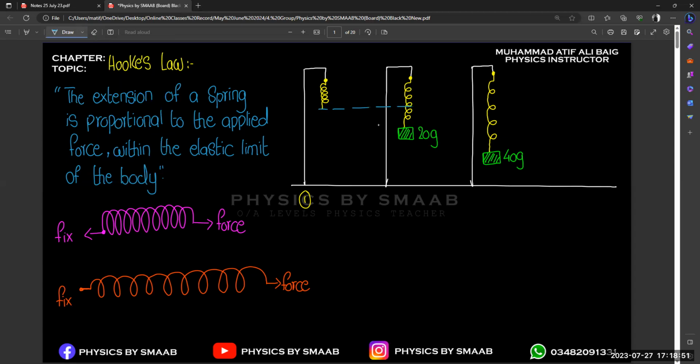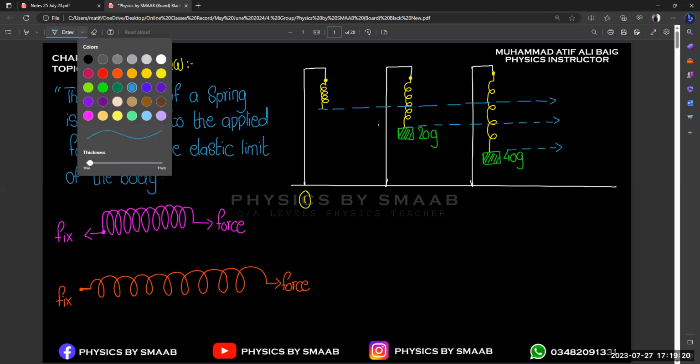This is our reference line. And in a lab experiment, we use a meter rule to find out the distance, right? So this is our initial position, because right now we are not going to perform real experiments. That's why I mark the reference lines to find out the extension. And this is the new length of the spring. And this is the third one, right? So these are three different lengths at different positions.